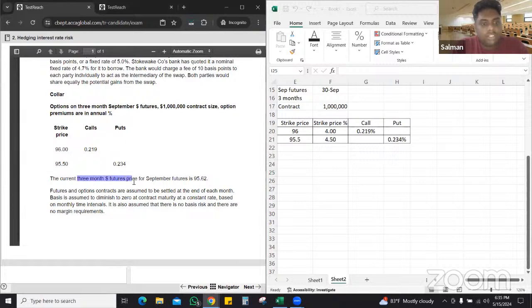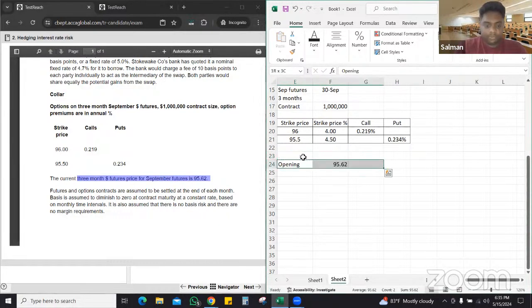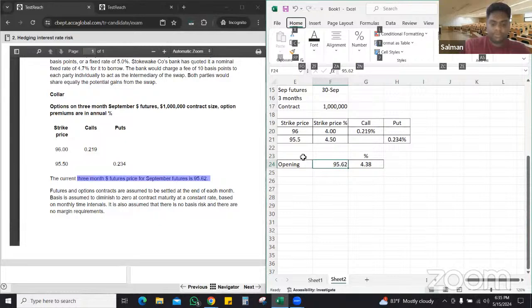The current 3-month dollar future price for September futures is 95.62. Okay. The current 3-month future, the opening futures, is at 95.62. So going with interest percentage, how much is it? 100 minus 95.62, 4.38 percentage.